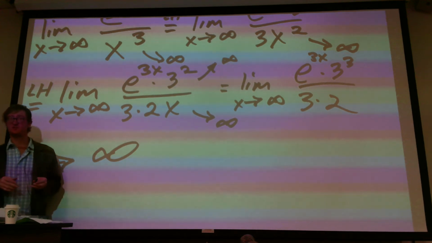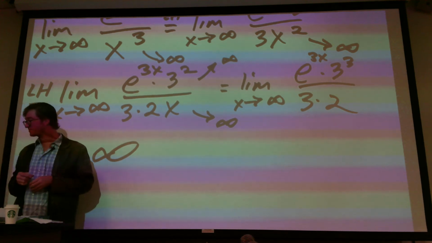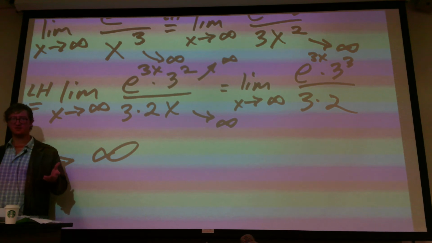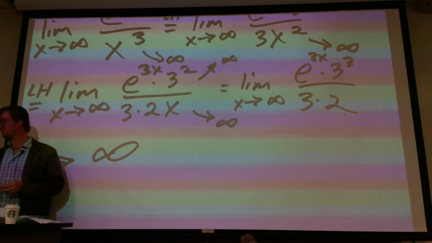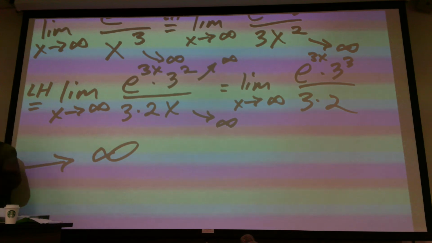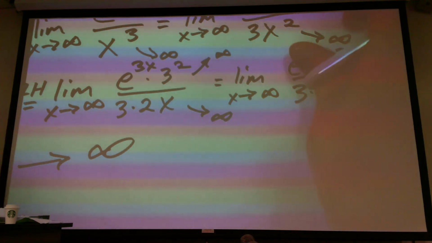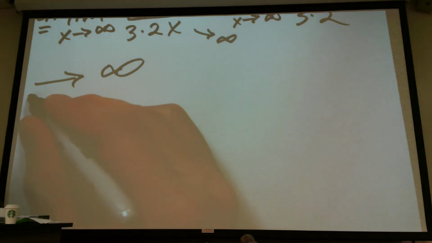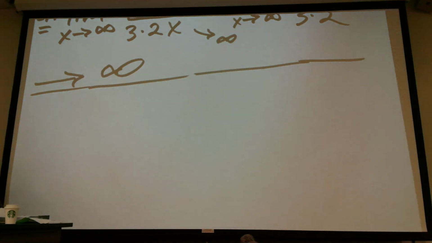And before I go on to some more difficult problems, let's look at some cases where you can't use L'Hopital's rule. Okay? Some people have a tendency to just use L'Hopital's rule as much as possible, even when they can't. Okay? So let's say, let's isolate this.